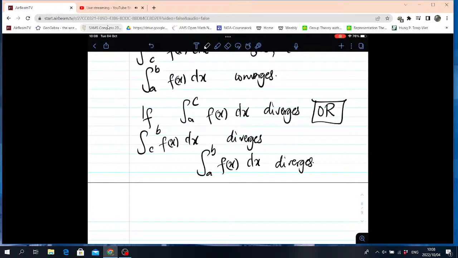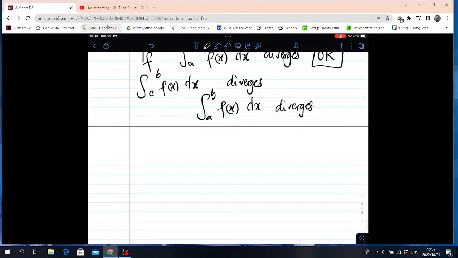Okay, so those are type 2 ones, and we are going to look at maybe 1 or 2 examples if time permits, and see how to evaluate those.